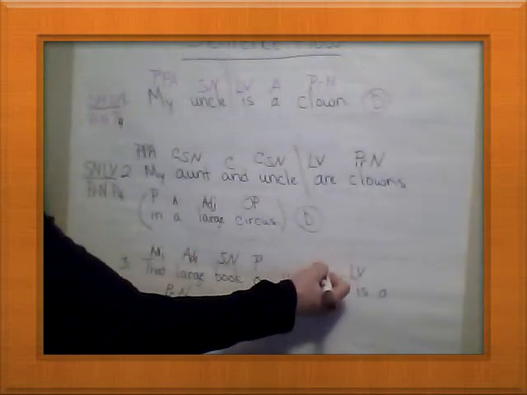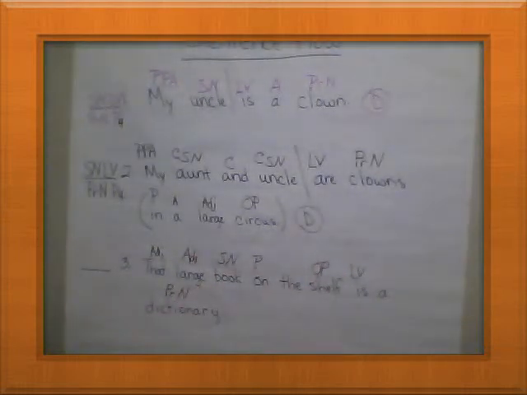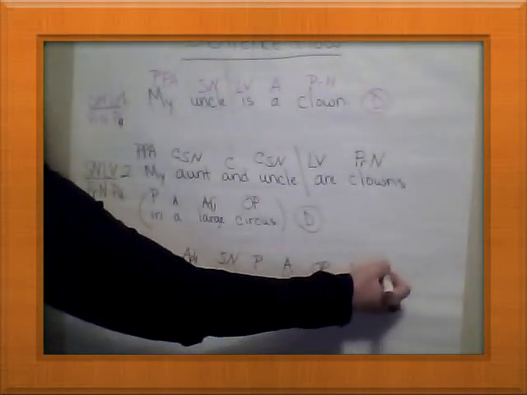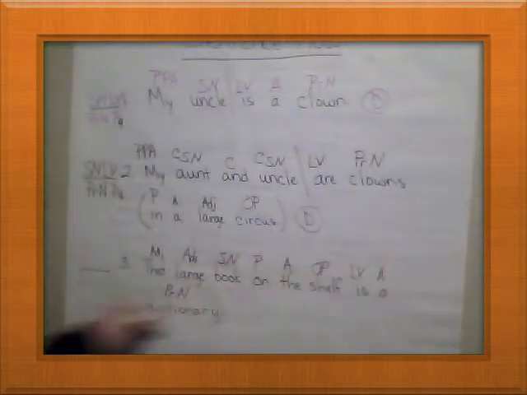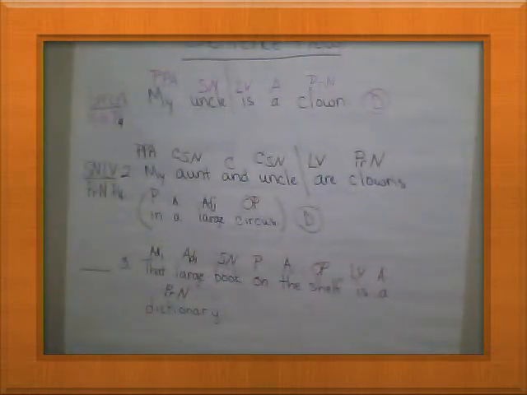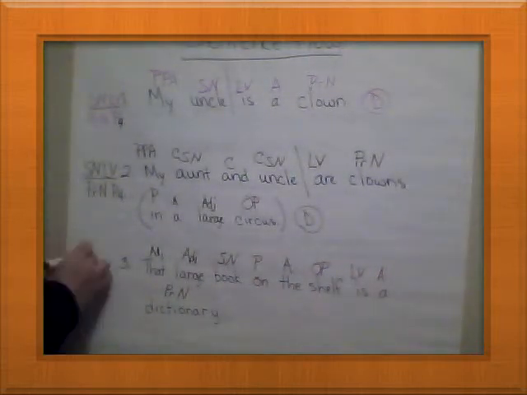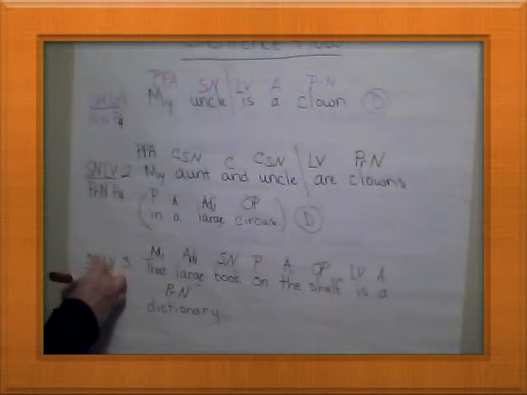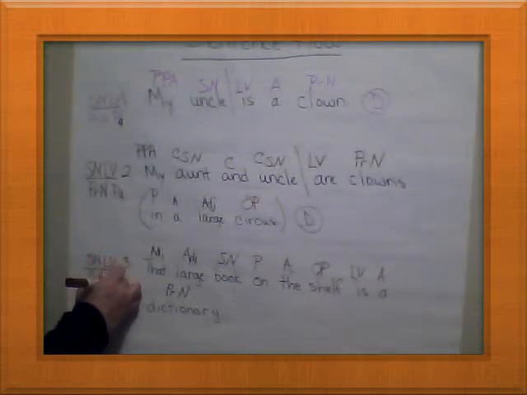Shelf. That's the object of the preposition. How are you doing so far? You're almost done. I see some articles. The is an article adjective. A is an article adjective. Our pattern is SN, LV, PRN, P4 pattern.